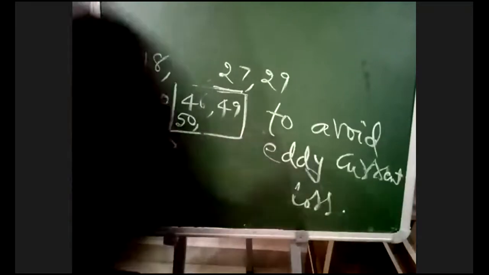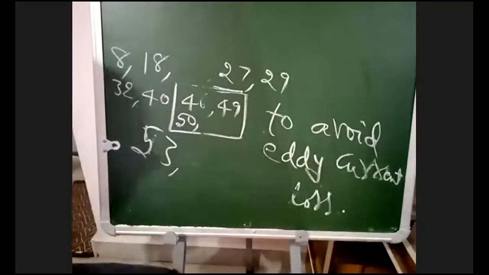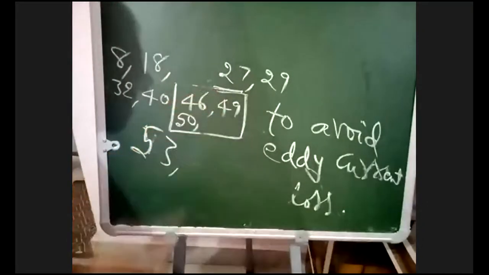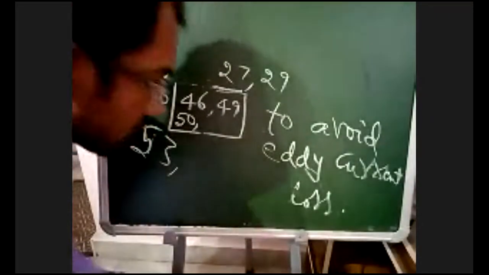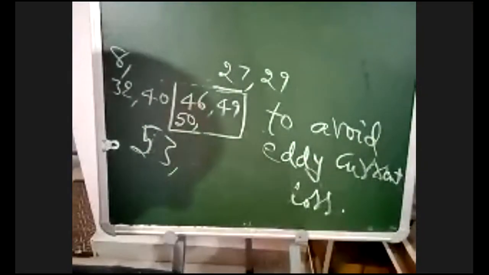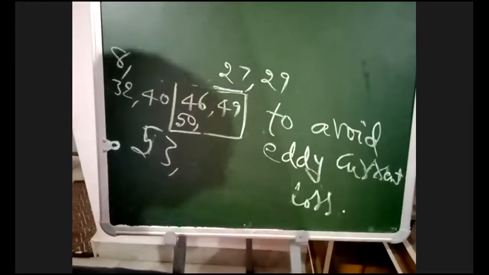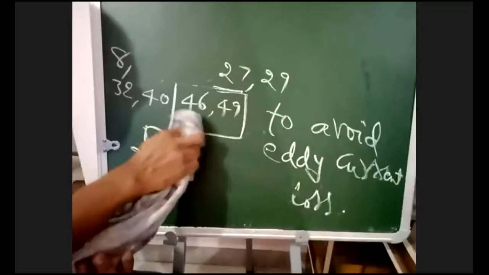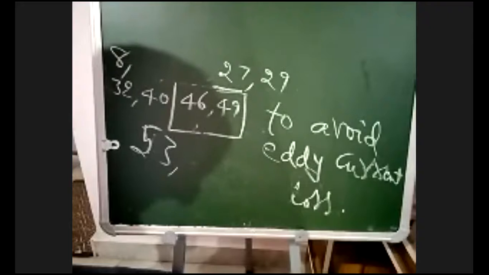Okay, these are the absentees. Now you can exit. Sir, 18 is there, sir. 18? Okay. Still anyone among these numbers? Sir, 50 is there. Okay.